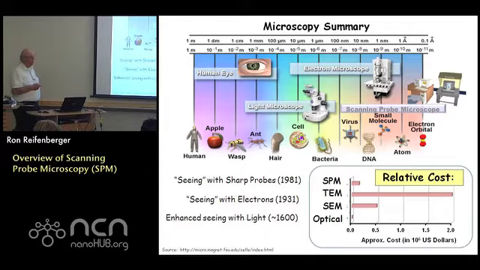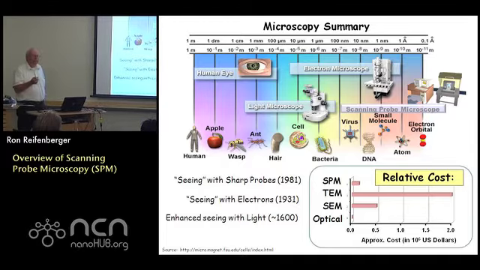The scanning probe microscope, which is the topic that I'm going to talk about today, was invented in 1981, 1982. It was invented by two scientists at IBM Zurich labs in Switzerland. And what it allowed you to do was to see this nanometer length scale range with a precision that was unprecedented at the time the microscope was invented, right?